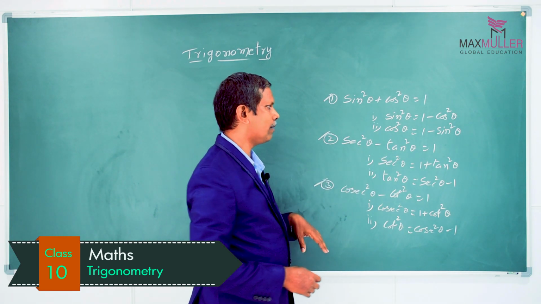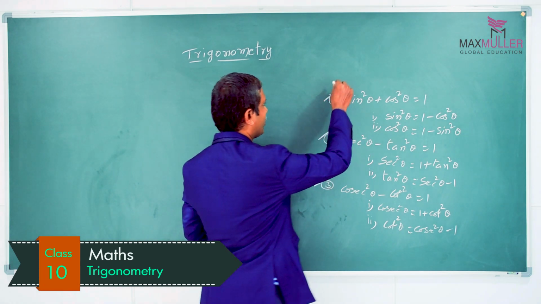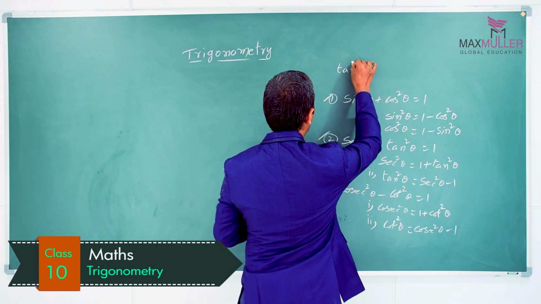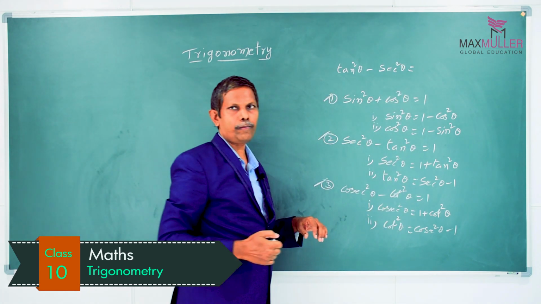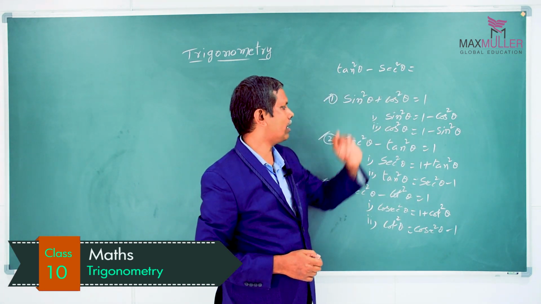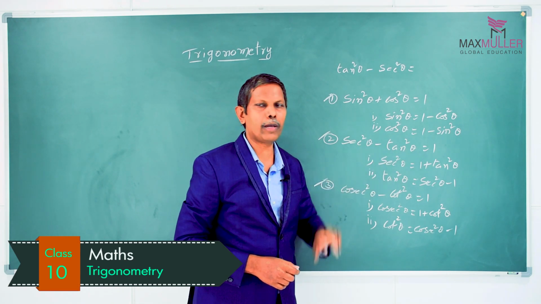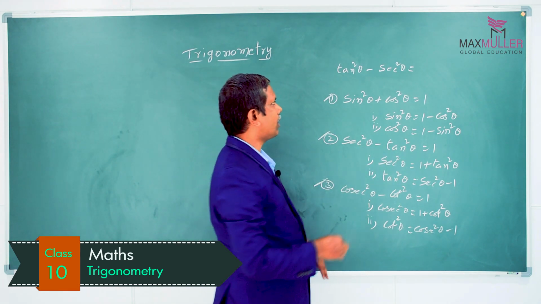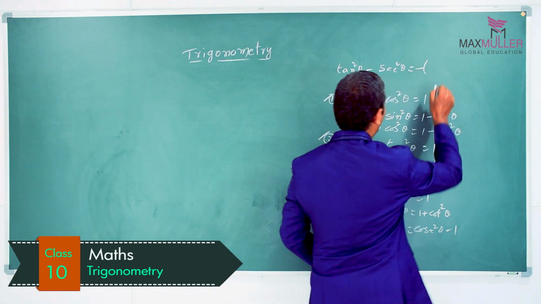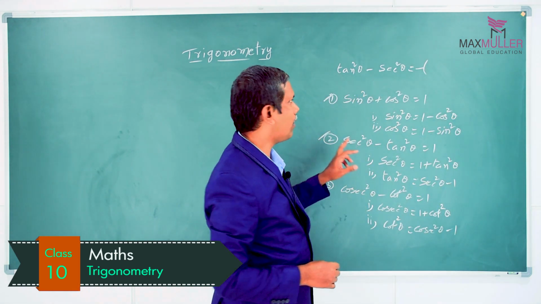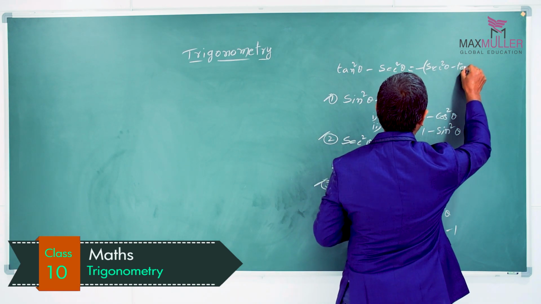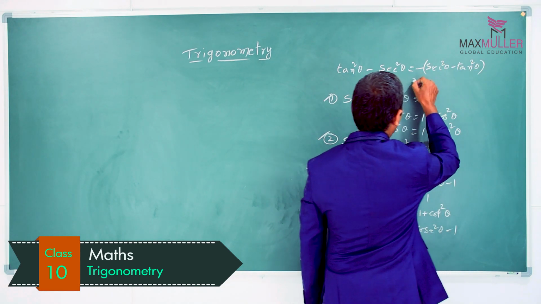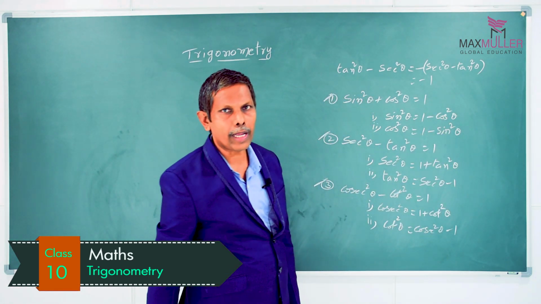Generally they will ask bits like, what is the value of tan square theta minus secant square theta? You know that secant square minus tan square is equal to 1. But here I am taking minus common: minus of secant square theta minus tan square theta, that is equal to minus 1.